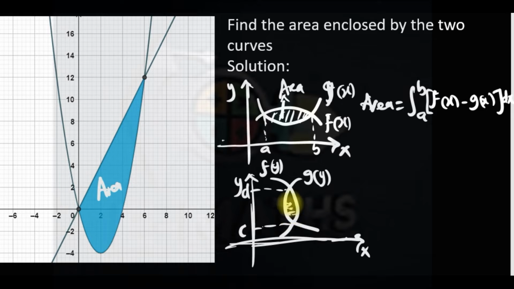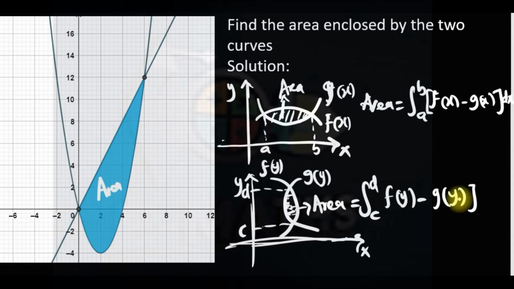Then the area is the integral from c to d of f of y minus g of y dy. So that's the formula we're going to use to solve this.